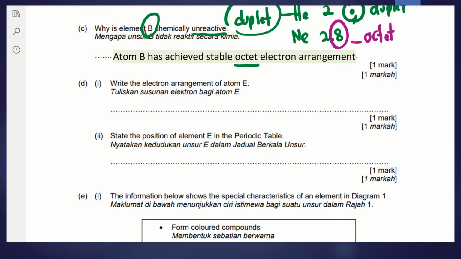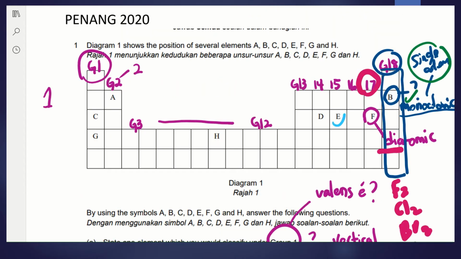We move on to D. Write the electron arrangement of atom E and state the position of element E in the periodic table. We refer to the periodic table first. E is located in group 15. And then E is located in period, where period is a horizontal row. This is period 1, period 2, period 3.